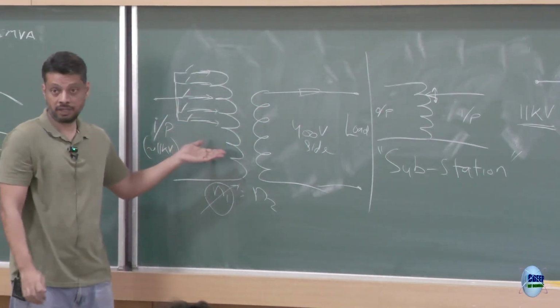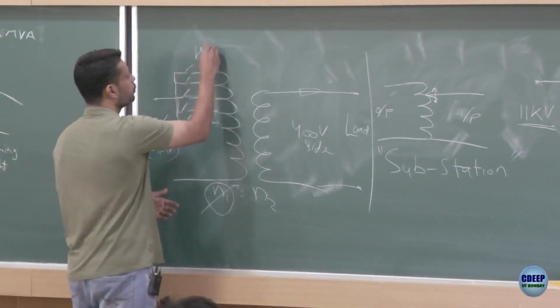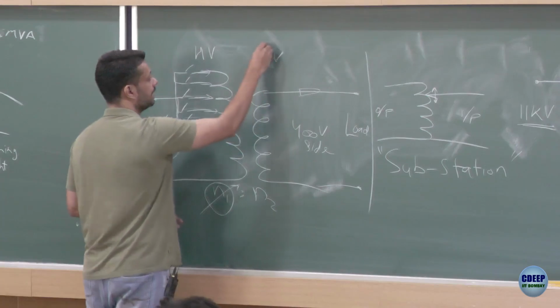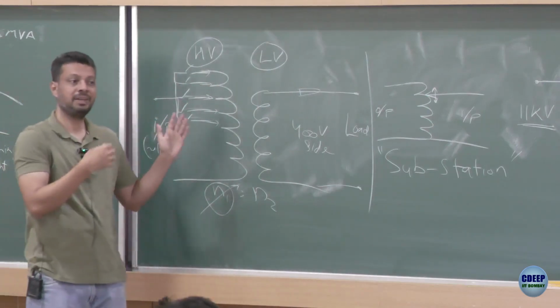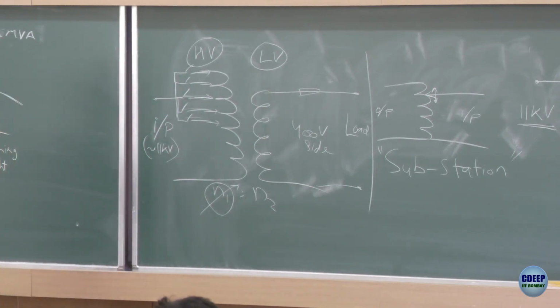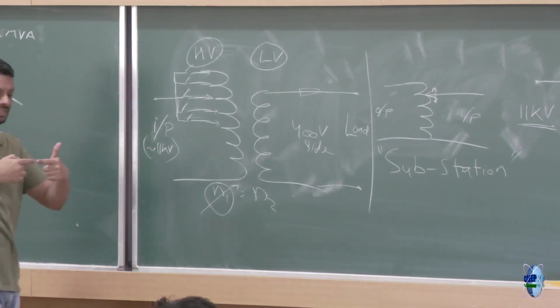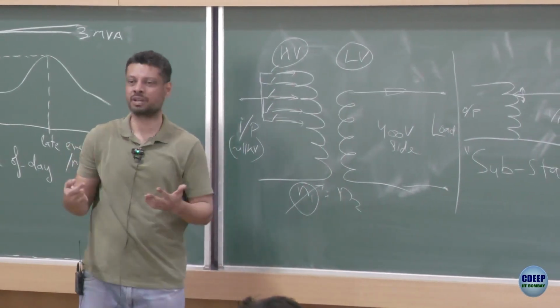In the main transformer, you could have had tappings on the high voltage side, or you could have had tappings on the low voltage side. You could have created tappings anywhere, right? We create them on the high voltage side because there is less current. On the high voltage side, you have lesser current, so it is easier to make and break the circuit. On the low voltage side, you have much more current.